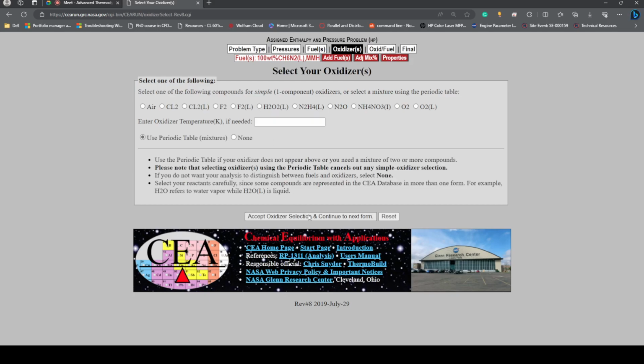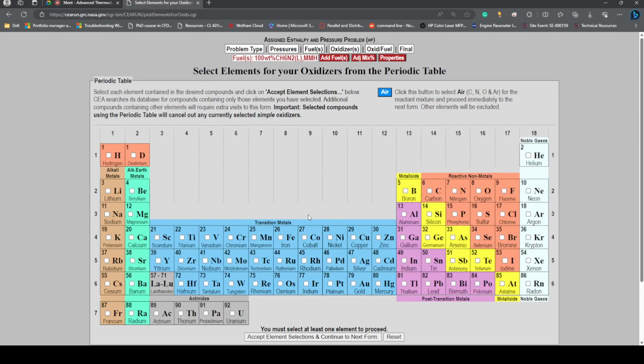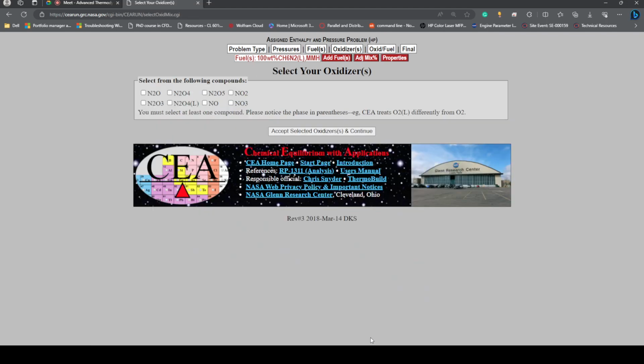Yeah, oxidizer. And here the oxidizer is N2O4, N2, N and O, and continue.